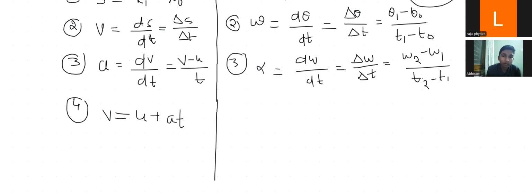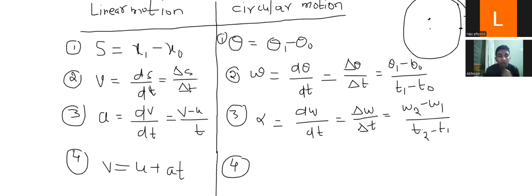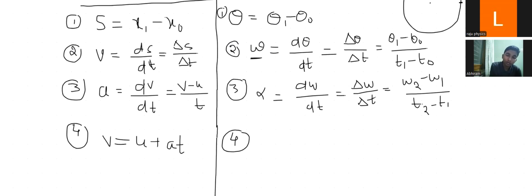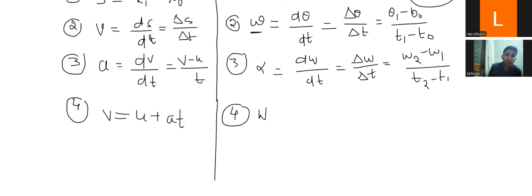It converts into rotatory motion as follows. Here v is the speed or velocity, and in angular motion the velocity is omega. So the final angular velocity is omega 1, the initial angular velocity is omega naught, plus alpha t.